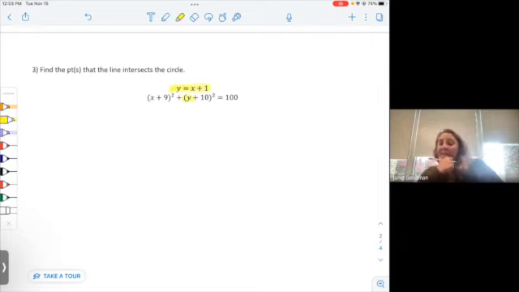So I noticed that y is equal to x plus 1, and I have a y value right here in my equation. So we are going to use substitution. I'm going to take out that y, and in its place, I'm going to substitute in x plus 1. So let's write that out.